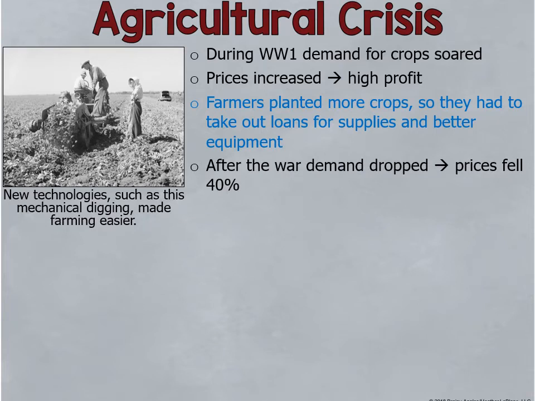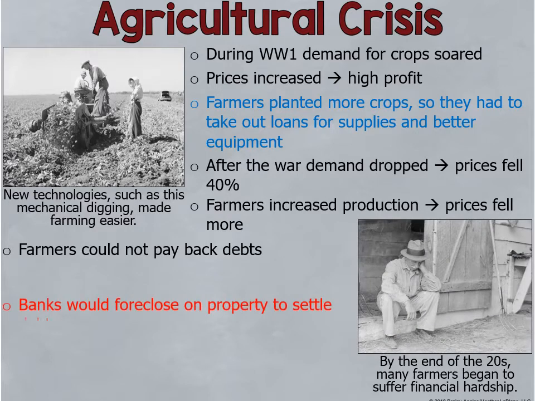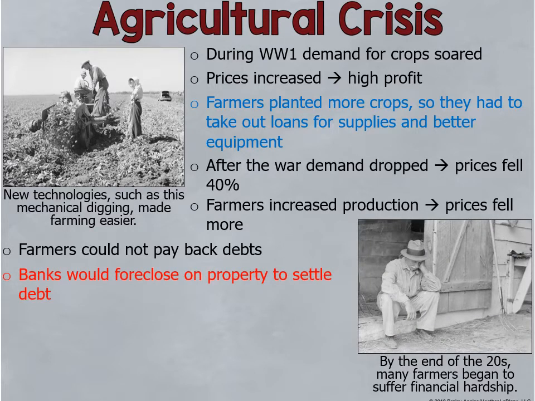So once World War I was over, we start seeing people having a surplus of crops. So demand drops 40%. Farmers who had been increasing production, the surplus was created and prices fall even more. Farmers could not pay back their debts to the banks. Banks would foreclose or take the property and the homes that these people lived in to settle the debt that they were owed on the loans.